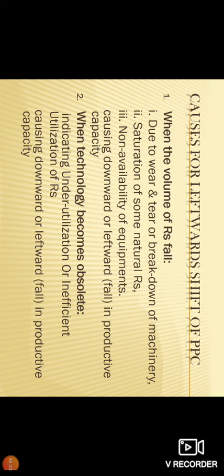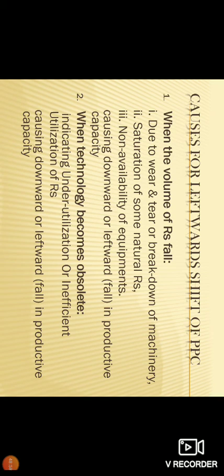So the extinction is increasing. Therefore, the resources depreciate, and wear and tear or breakdown of machineries is also a problem. Saturation of some natural resources, that's what I said. Saturation means some resources come to depreciation. The land becomes barren.